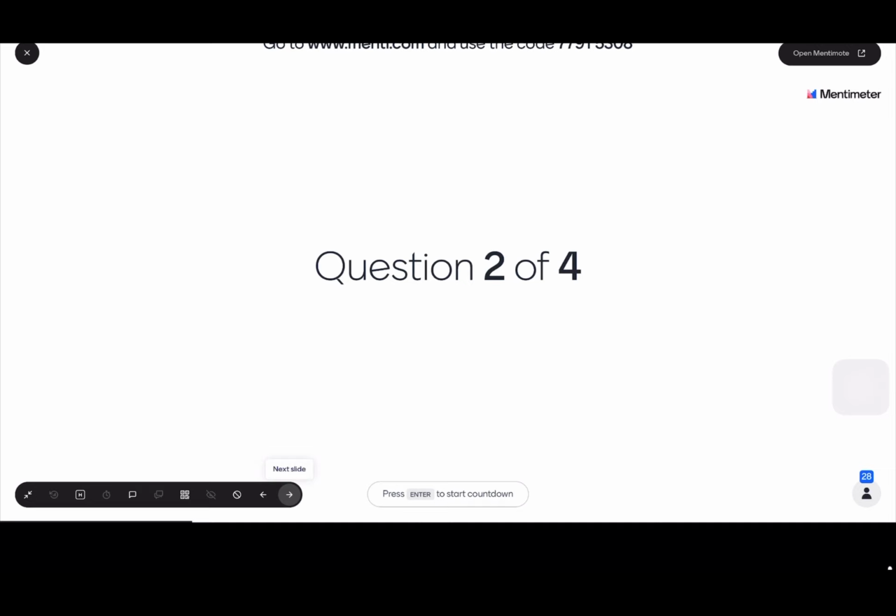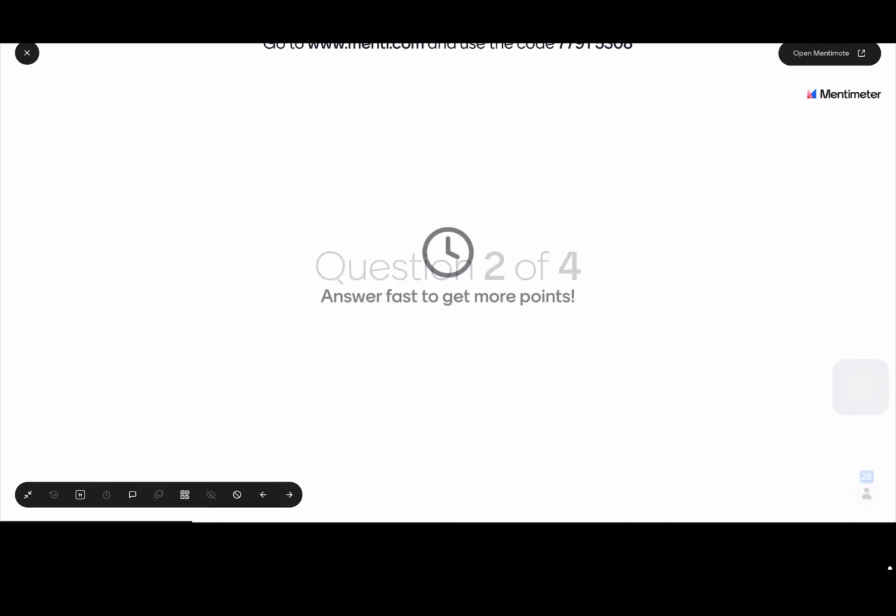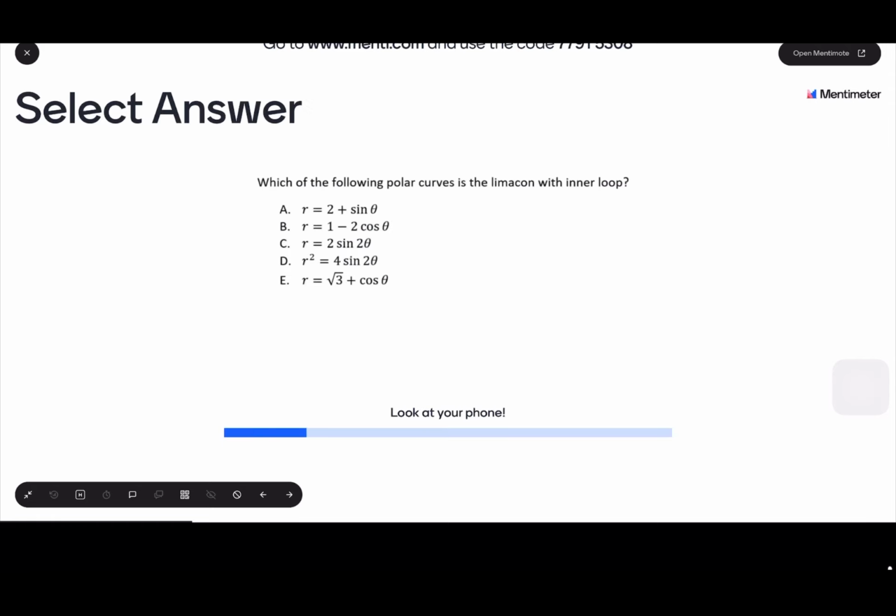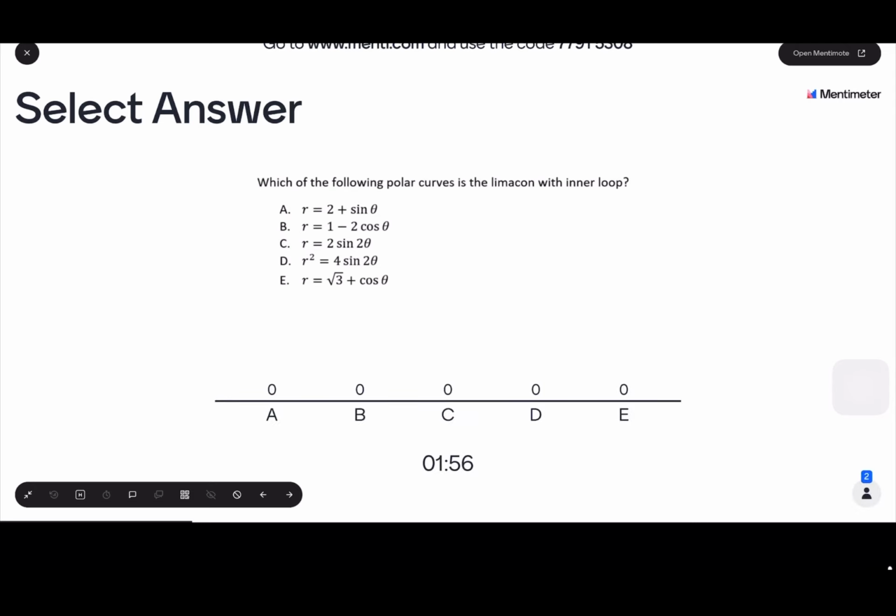Okay, number 2. I have 4 questions. Get ready. If you maybe take notes or took a picture before, you could see from the table. If you remember, I showed you the table of different polars.